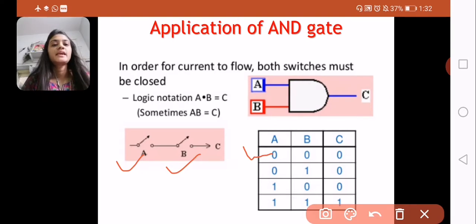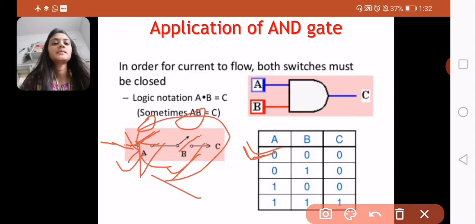Suppose switch A is open, that means 0, and B is open, that means 0. First case: if both switches are open and current is flowing from this direction, it will not pass through A or B, so the path will not be complete and there will be no current, that means 0.